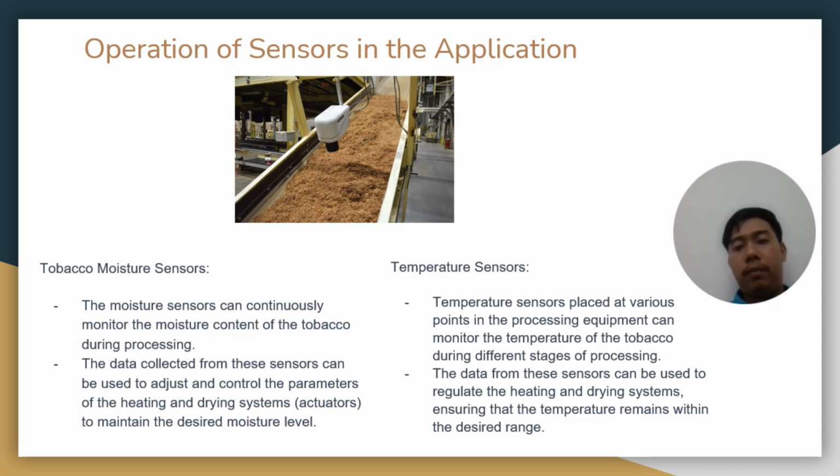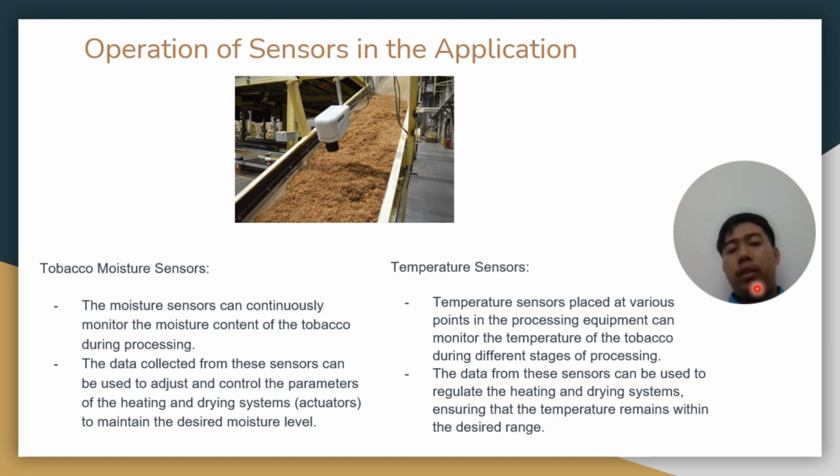For example, if the level is too high, the heating and drying system can increase the temperature or adjust the airflow to remove the excess moisture. The second is the temperature sensor. The temperature sensor is placed at various points in the processing equipment.